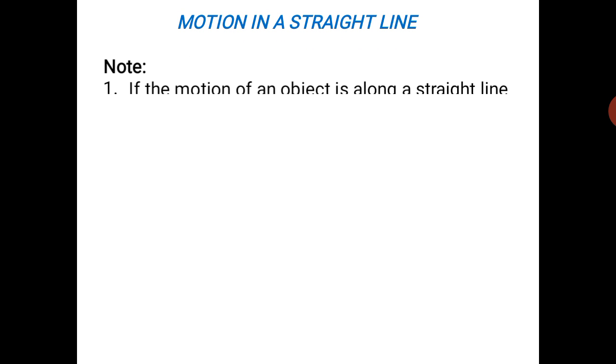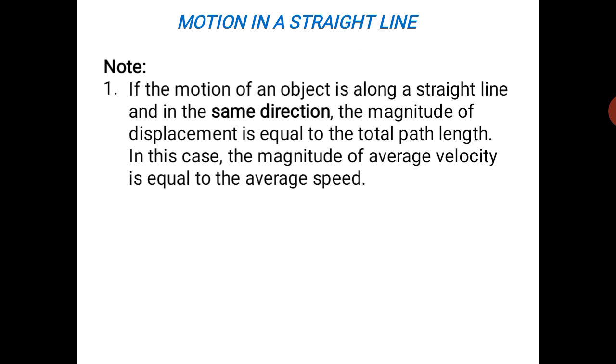Now there are some important notes. If the motion of an object is along a straight line and in the same direction, the magnitude of displacement equals the total path length.